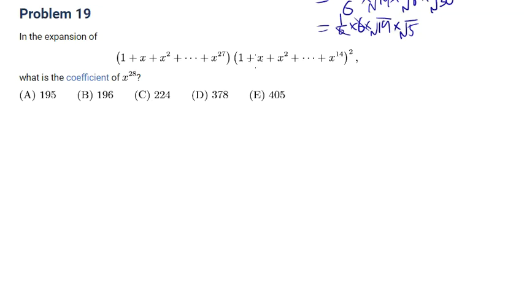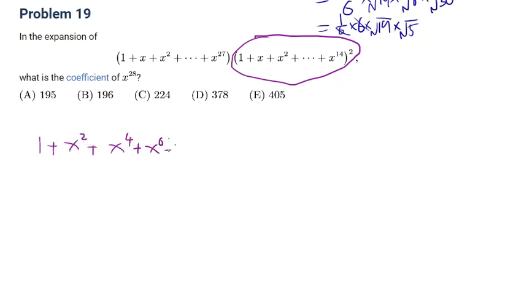Okay, let's break this down first. This is a squared one, so it should be easy. Now, one plus x squared plus x fourth plus x6 plus and so on, plus x to the 28th.